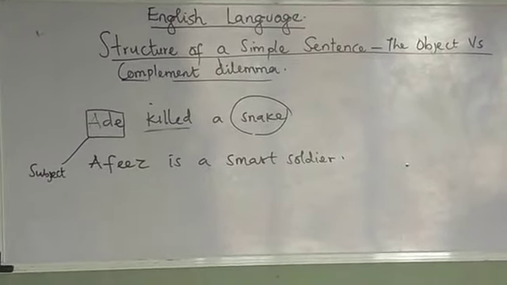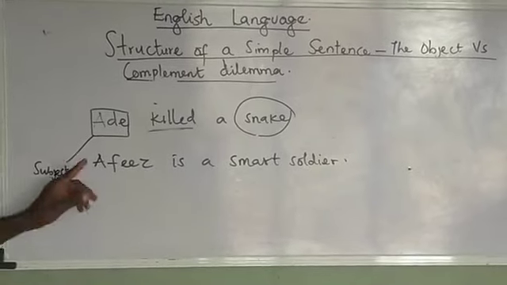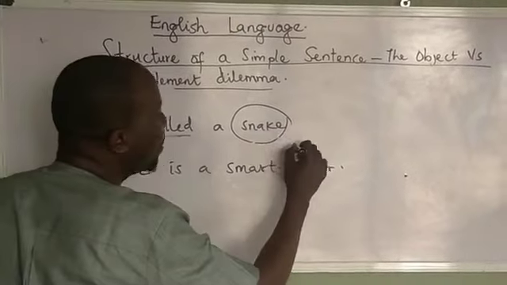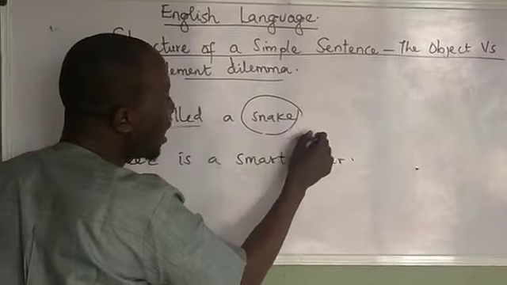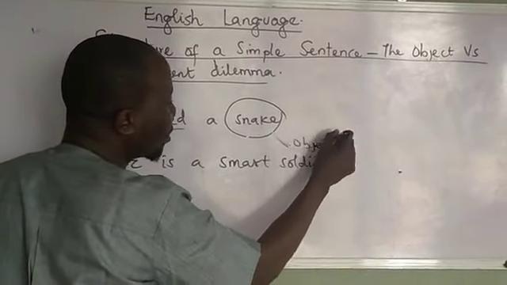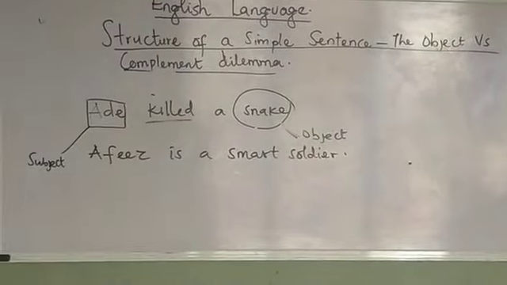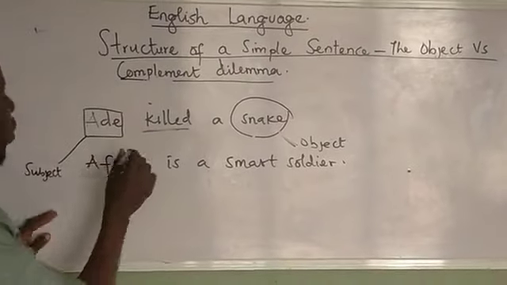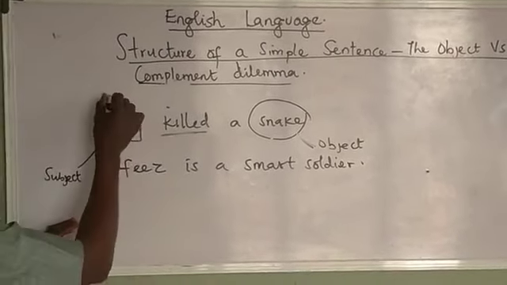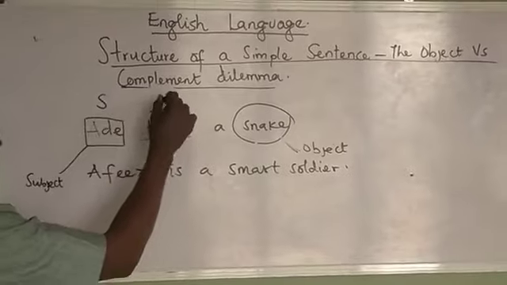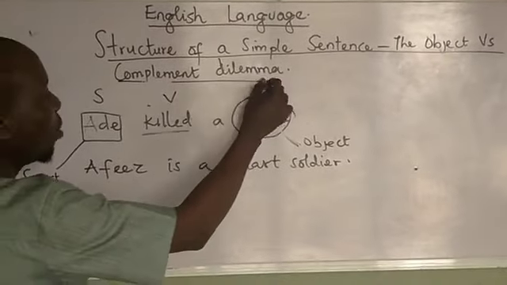So now, when we are talking about object, this snake here is serving as the object. In a sentence with the structure here, we have the subject, the verb, and the object.